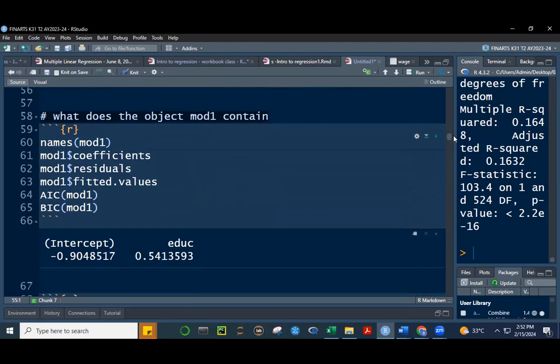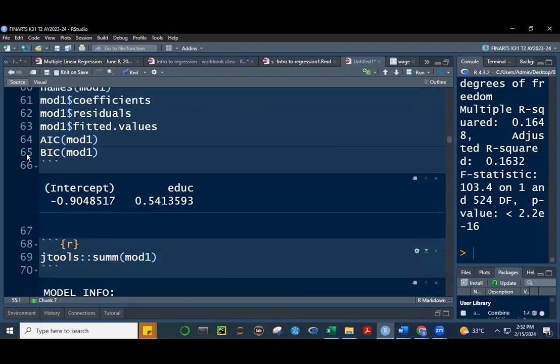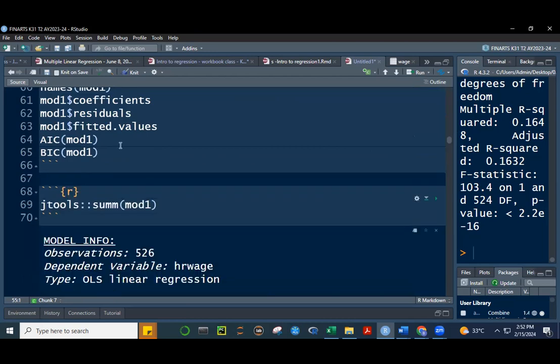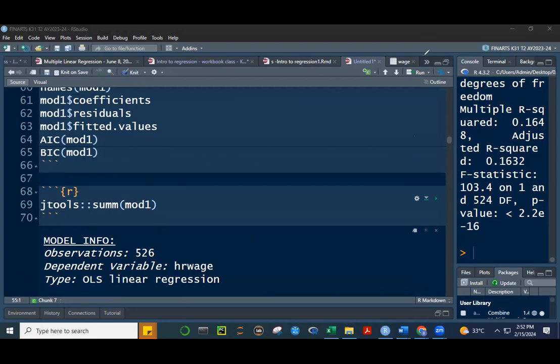All right, so now I did not mention yet last time the AIC and the BIC. So the AIC refers to your Akaike information criterion.